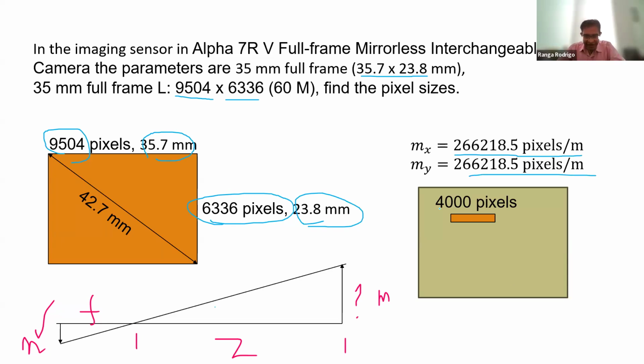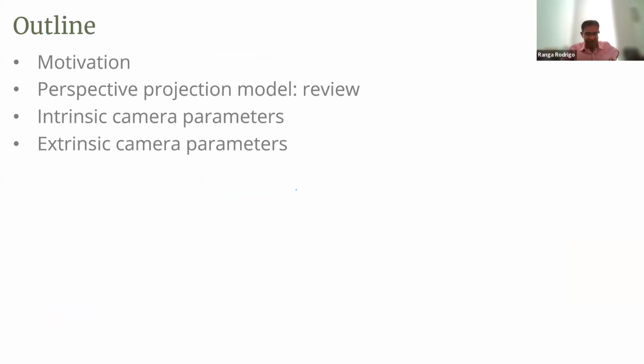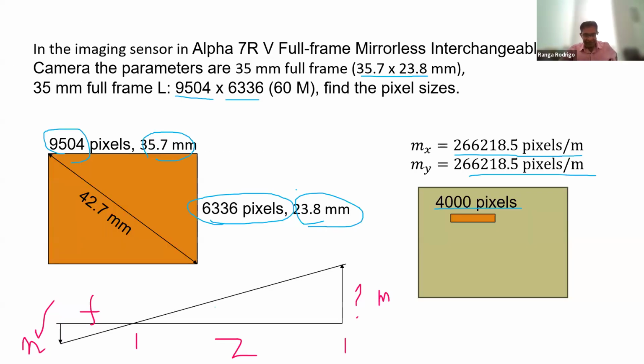So if you take an object of 4,000 pixels in the image, what is the size of that in the actual sensor? So you can multiply that with 1 over this number and find that.